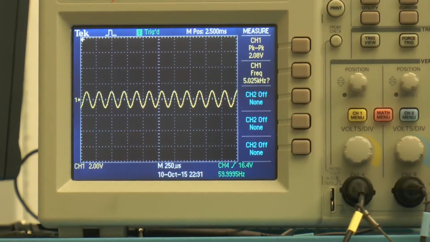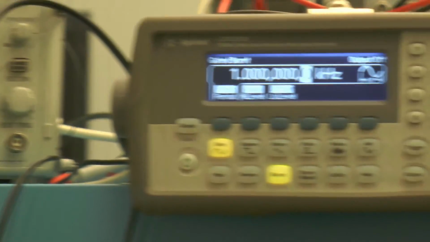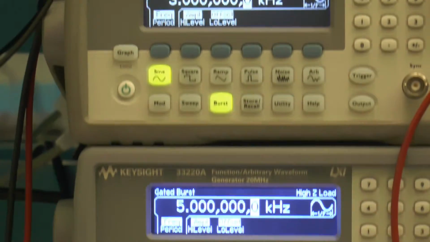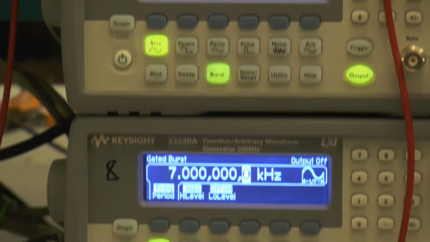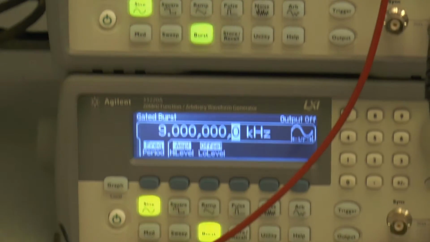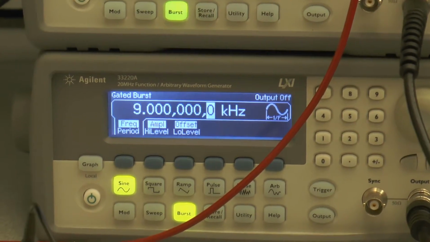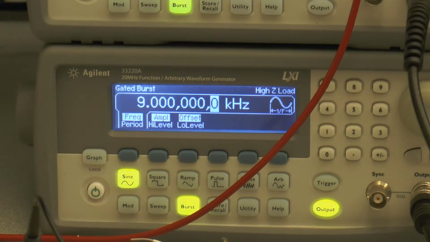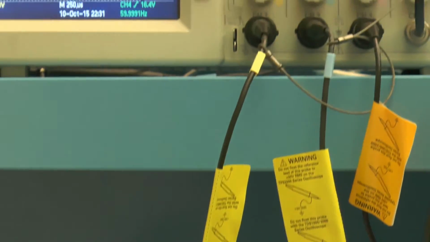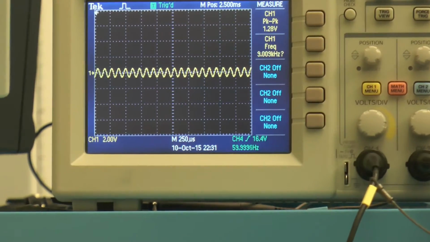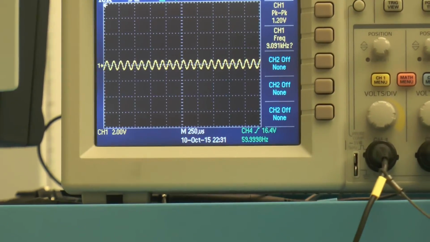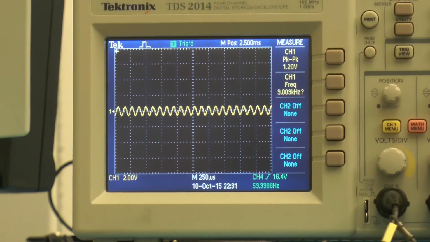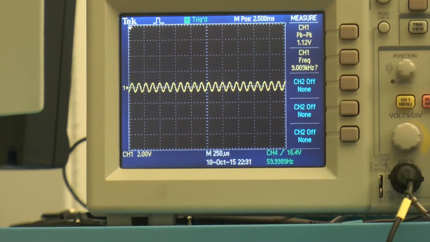Two volts or so peak to peak. 5 kilohertz, 7 kilohertz, and then finally our fifth function generator is at 9 kilohertz. And about 1.1 volts, 1.2 volts. All right, let's take a look.